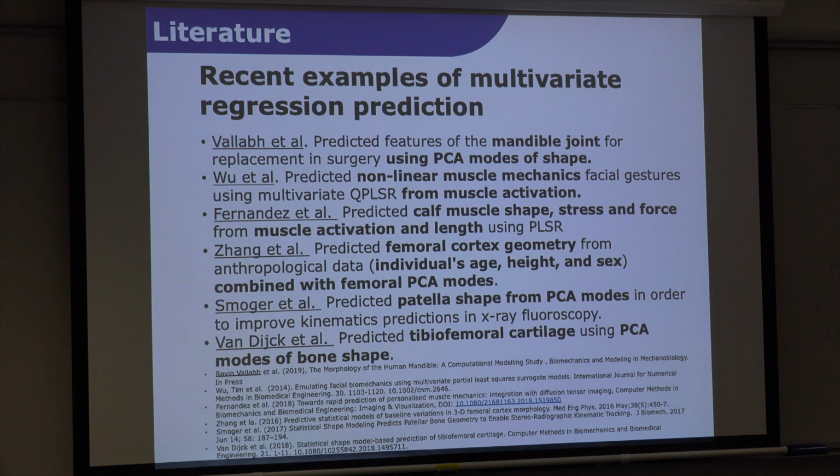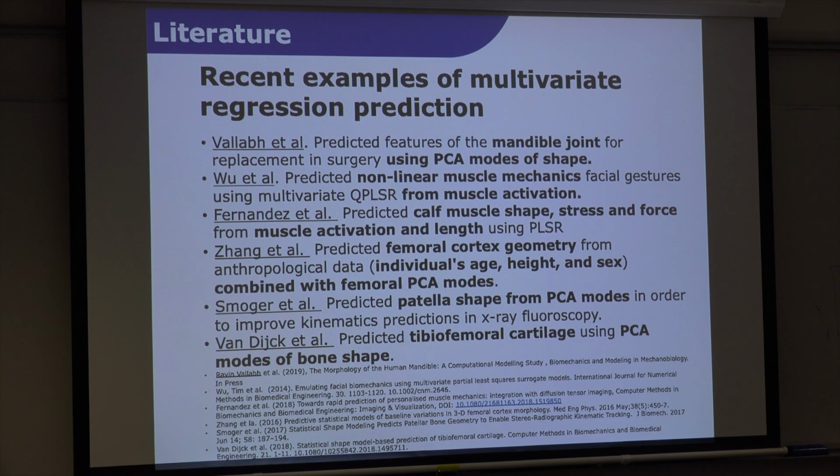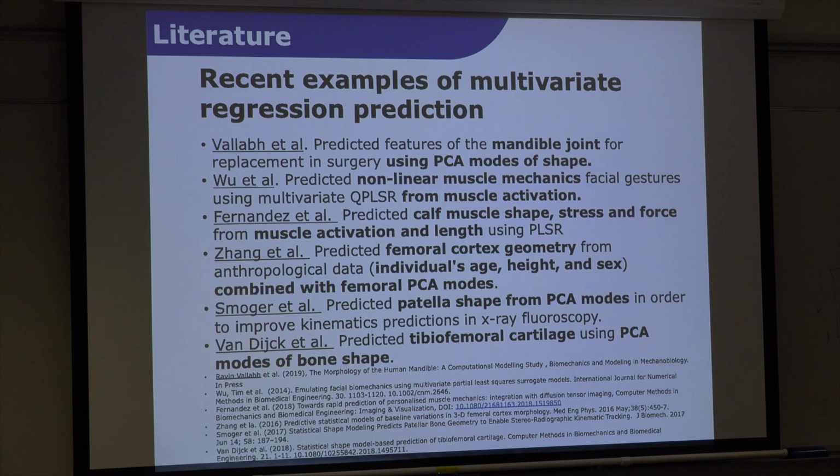Zhang et al. predicted femoral cortex geometry from anthropometric data and femoral principal components analysis. And Van Dyke et al. predicted femoral cartilage also using PCA modes of bone shape.